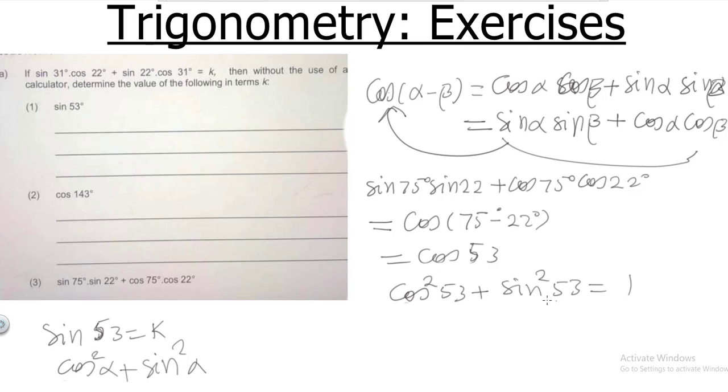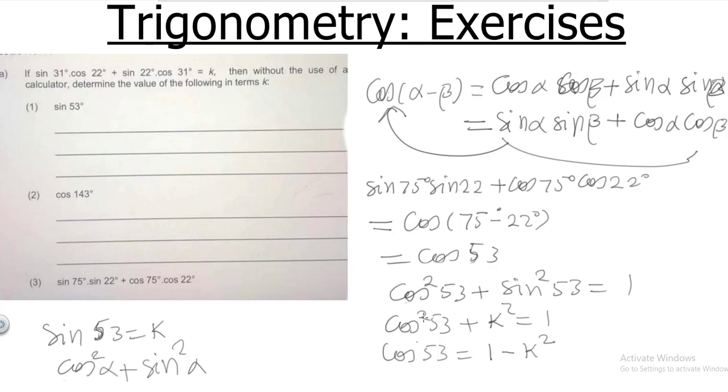Now remember, we are looking for cos 53. So what is sine 53? It's k. So we have cos squared 53 plus k squared equal to 1. I transpose k, subtracting k squared from both sides, so I will have 1 minus k squared, and take the square root.